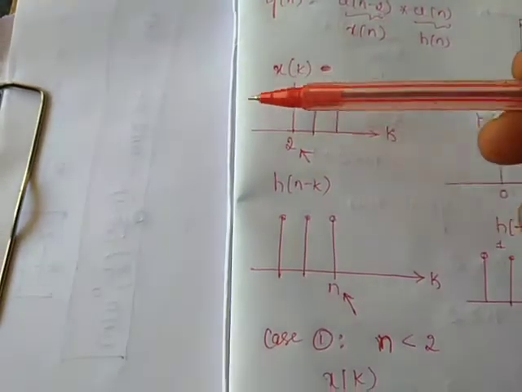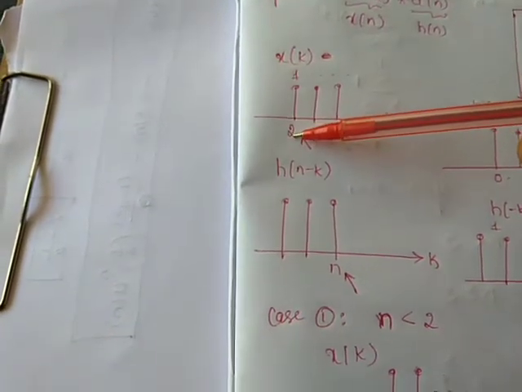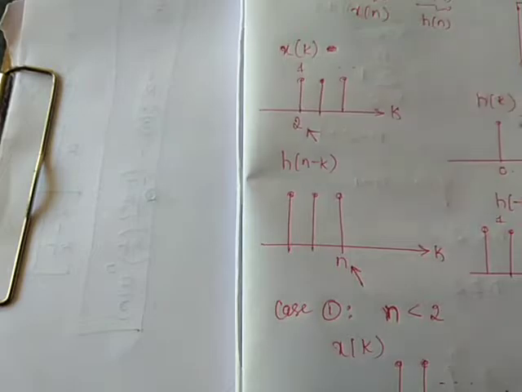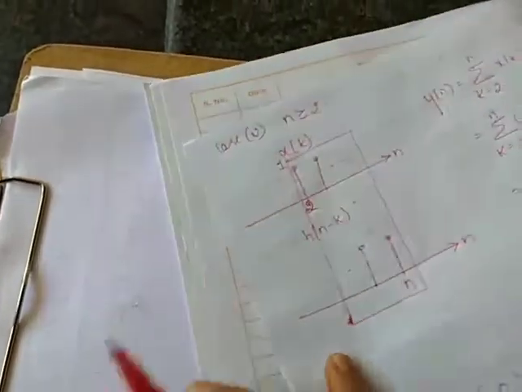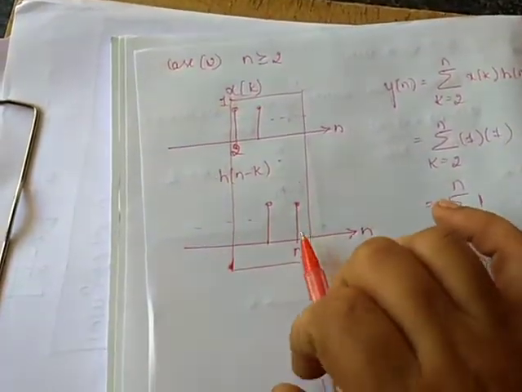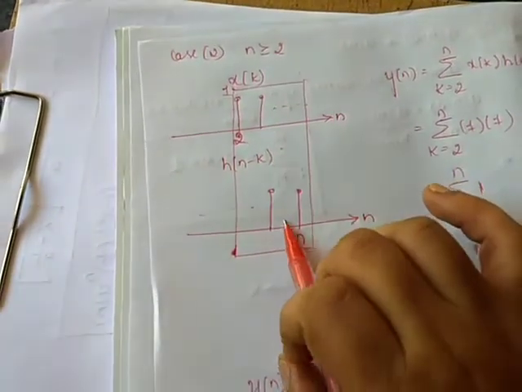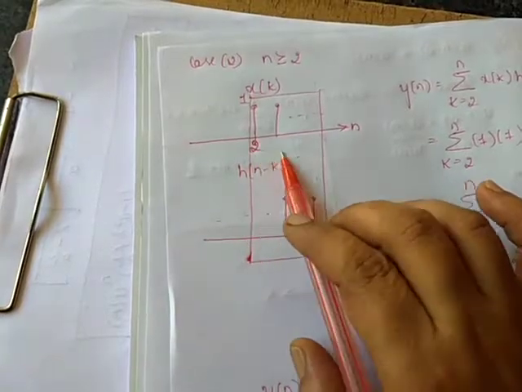The second case is the beginning of h of n minus k is greater than the beginning of x of k. That is, n greater than 2. See here, n greater than 2 means it is moved. Now its beginning should be somewhere after 2.